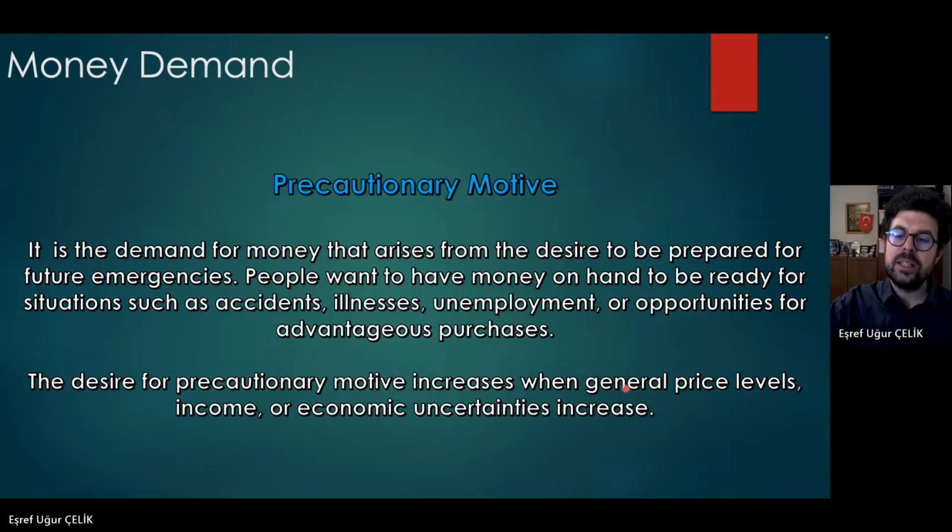When general price level, income, or economic uncertainties increase, our precautionary motive also becomes increased, or vice versa. If the general price, income, or uncertainties become low, the precautionary motive for demanding money becomes low.